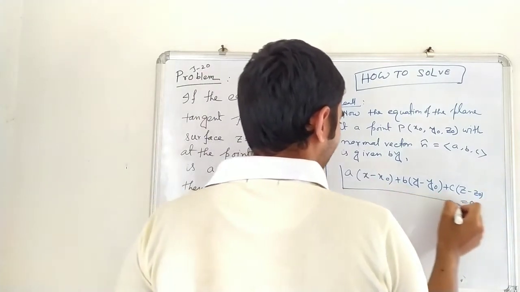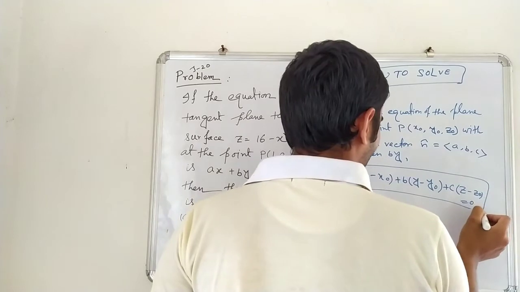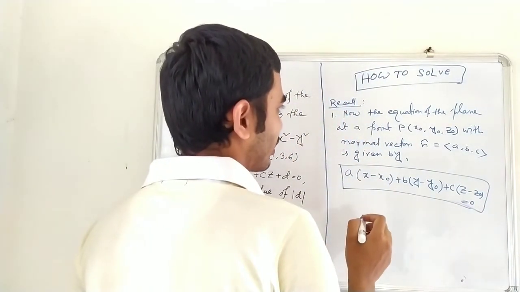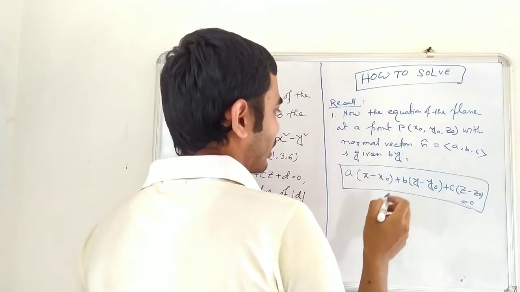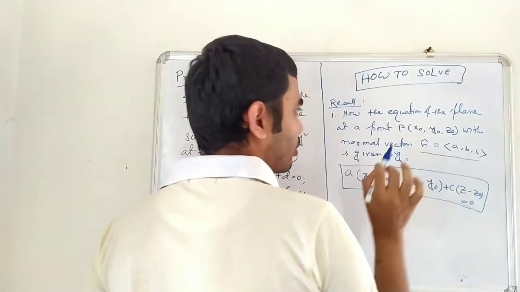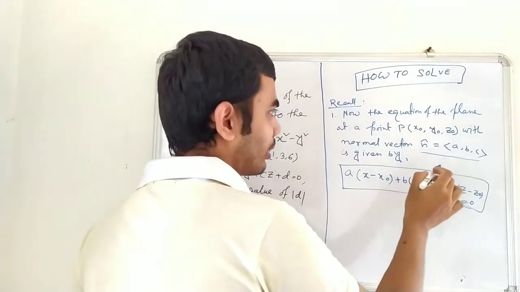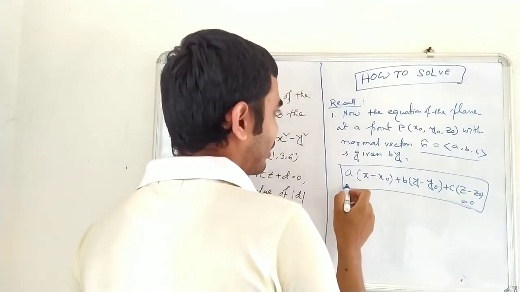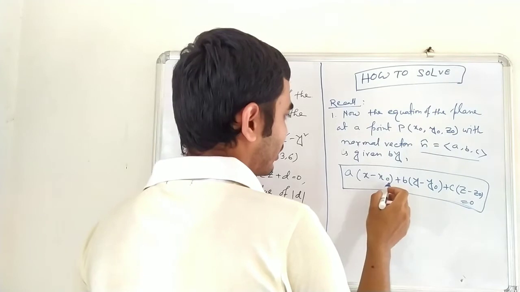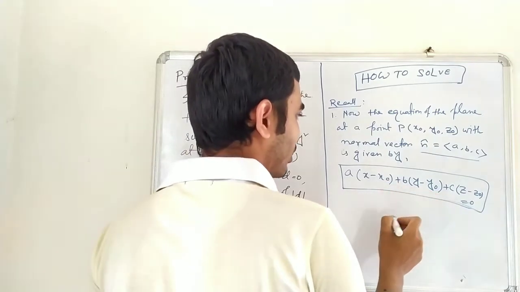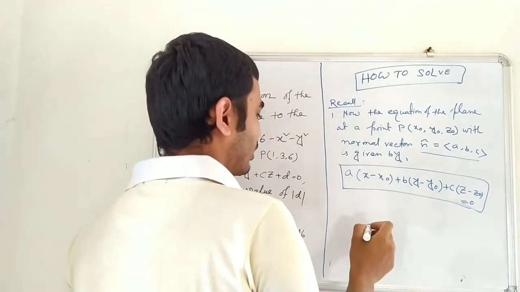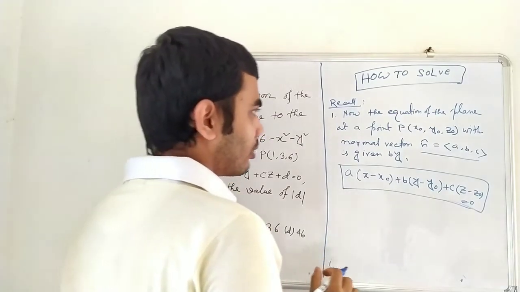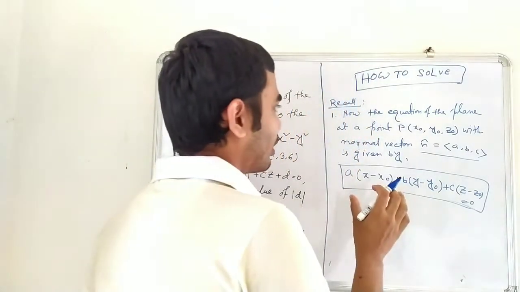So this is the equation of the plane which passes through the point P and has a normal vector n.